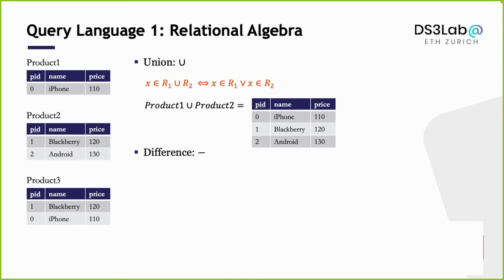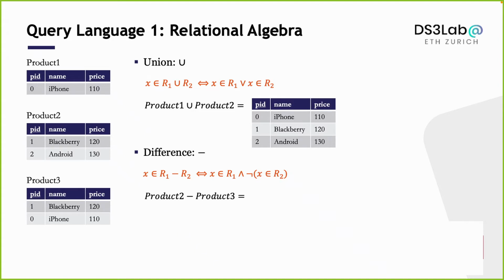And you can compute the difference between two different relations. The query might look like this: you have R1, you have R2, you have R1 minus R2. Formally, you can define it: a tuple X is in the answer of this query if and only if X is in R1, but X is not in R2. If you take this example, you have product 2 and product 3.